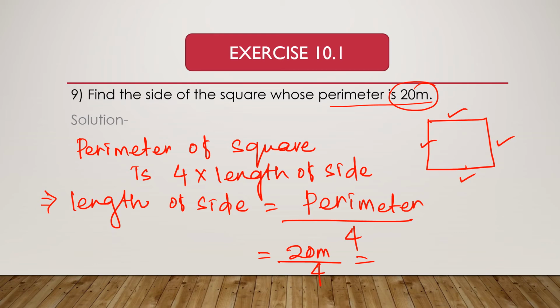In square there are 4 sides, so you have to divide perimeter with the number of sides, that is 4. 20 meter divided by 4 is 5 meter. So length of the side of the square whose perimeter is 20 meter is 5 meter.